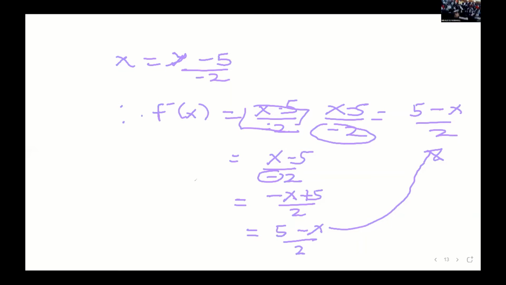Another question: given that f of x is equal to x minus 5, all over 2.